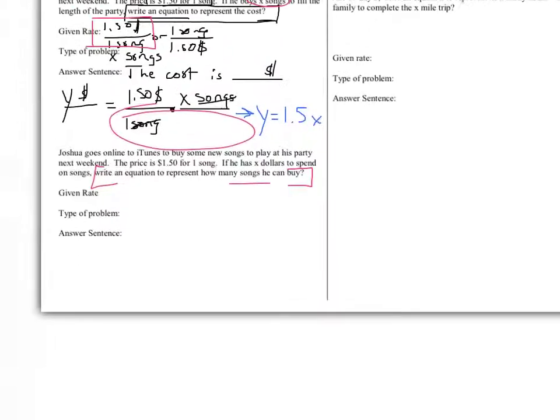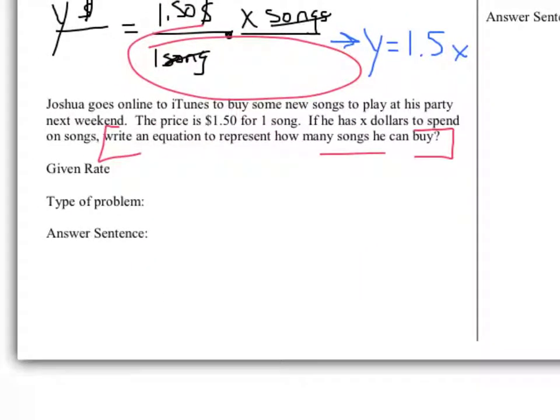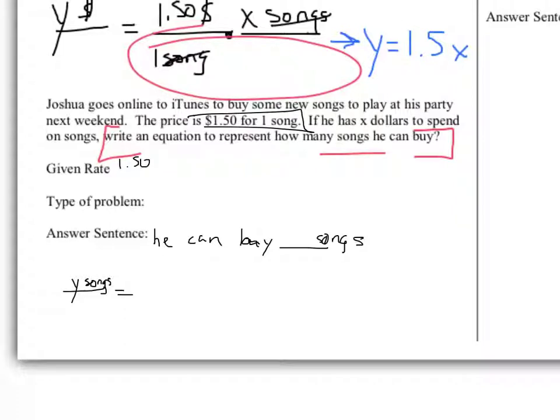So when we look at this, we're being asked to write an equation to represent how many songs. So the answer here is he can buy blank songs. So we know that when we're setting this up, we're going to set it up as y songs is equal to, and then thinking about my rate, it's $1.50 for one song, or one song for $1.50.